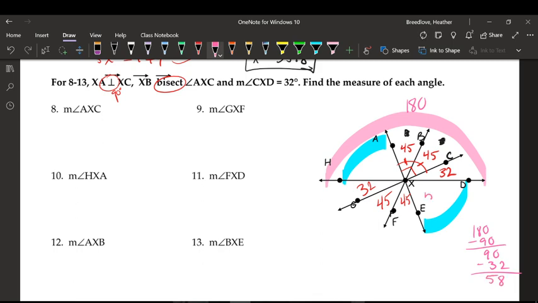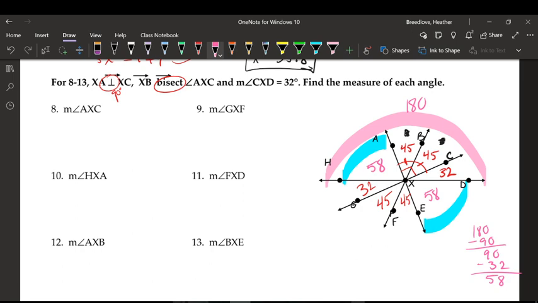So I could say this is 58, and this is 58. So now I haven't even looked at the questions, but I found out all of it. And another little extra piece, if I wanted to add up, this makes a circle, right? So those should add up to be 360 degrees.